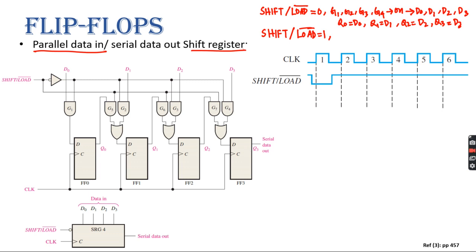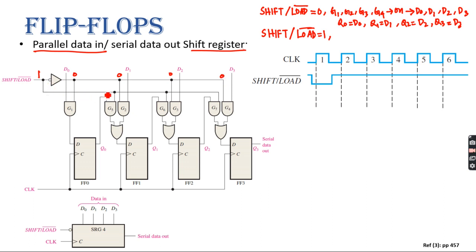Whenever you put 1 here, after the NOT gate, this will be 0, this will be 0, this will be 0, and this will be 0, right?